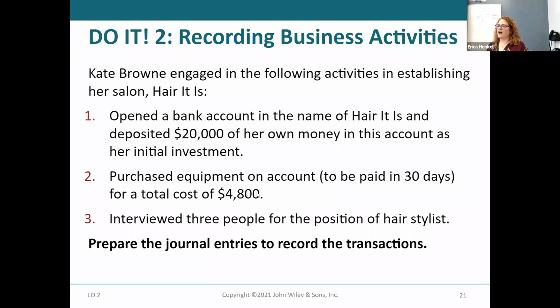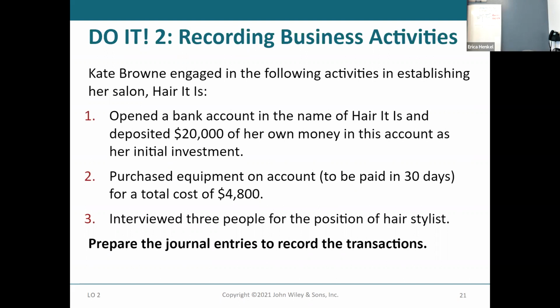Okay, so what accounts are going to be affected here for number 1? Owner's capital. Yep, owner's capital because it's her own money. And then what type of account is a bank account?